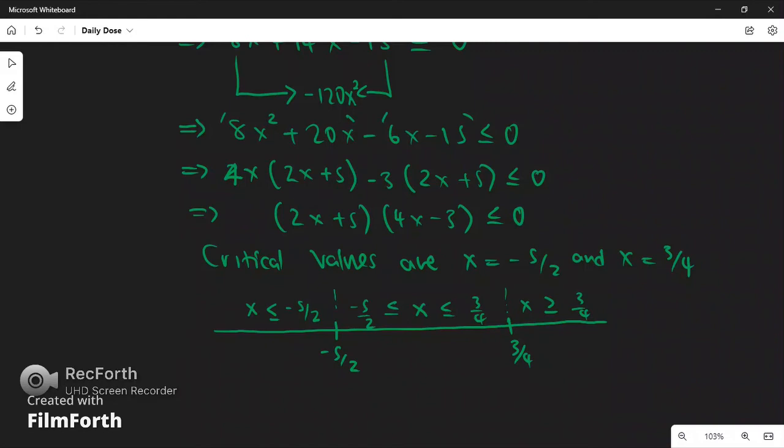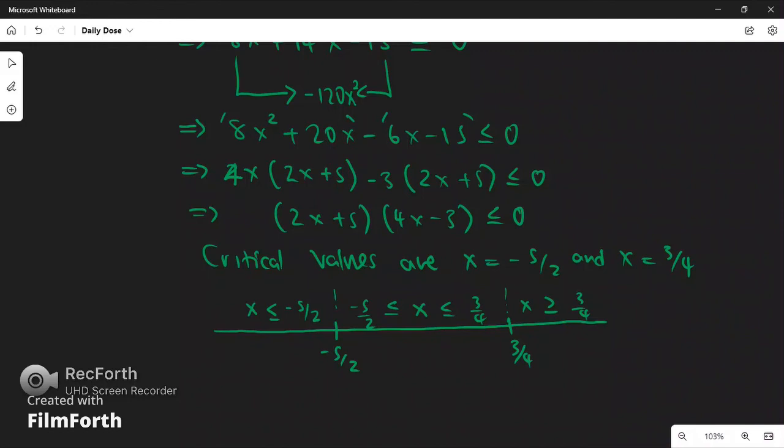So what we have to do now, all these possible regions that we see there, they are possible solutions. So we know the whole story of how it goes from there. We can choose any number which is bigger than 3/4 this side. And 3/4, we know it's 0.75. Then you can choose any number which is greater than 0.75. You can take 1, for instance.